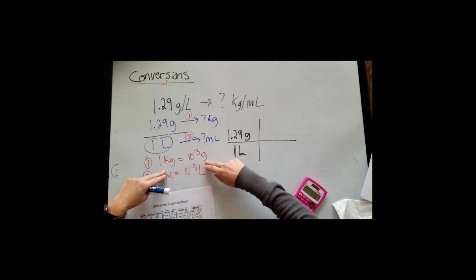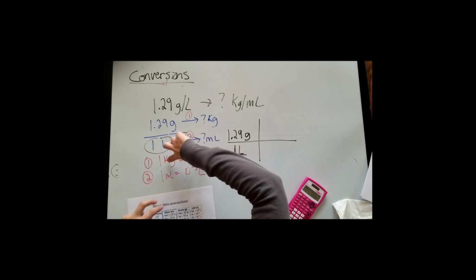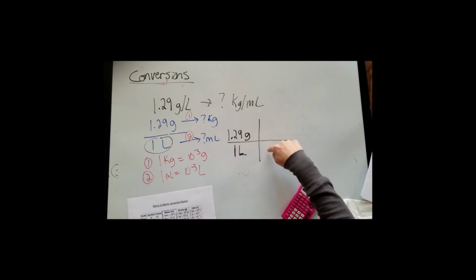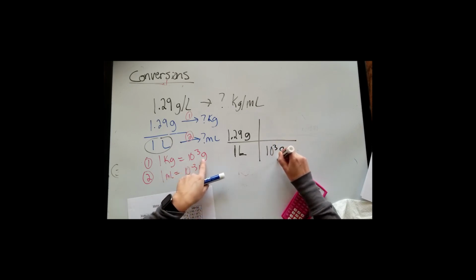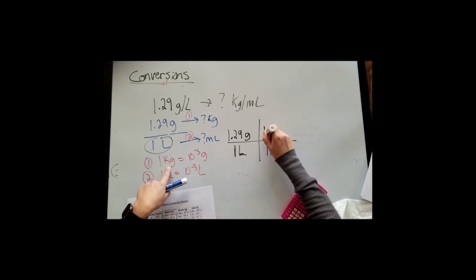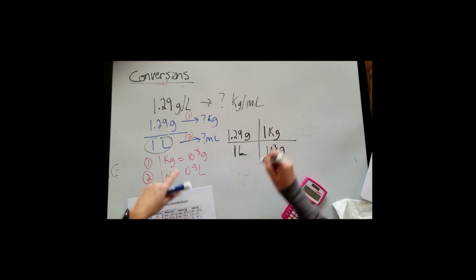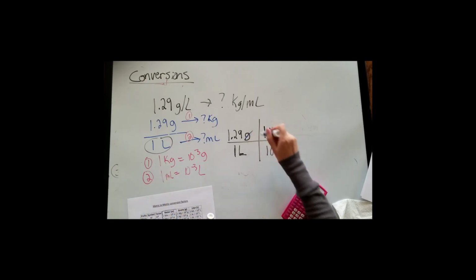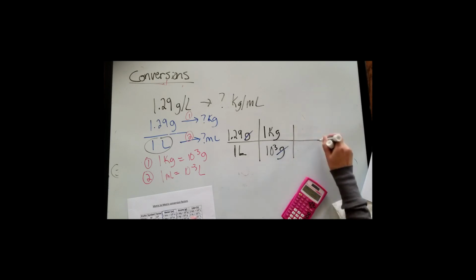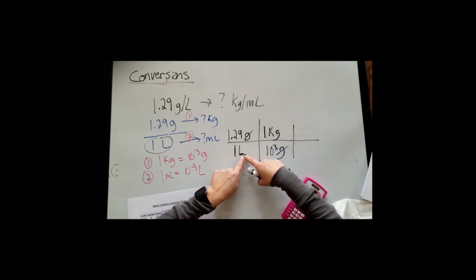So if I use this conversion factor, I want to place it here so that the grams is on the bottom so that it cancels out. I'm going to put the 10 to the 3rd grams on the bottom, and then that means the other side of the equal sign, the 1 kilogram, goes on top. So now I have kilograms. So my second conversion factor, I want to cancel out liters.